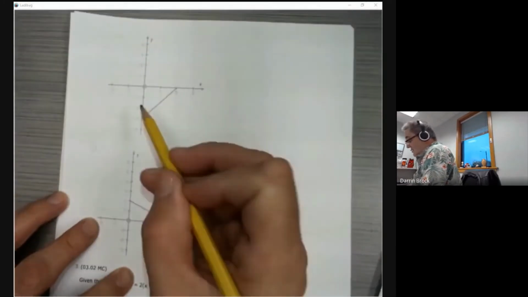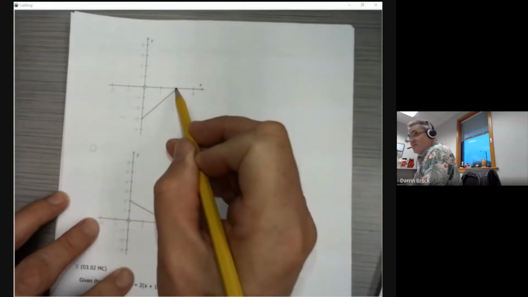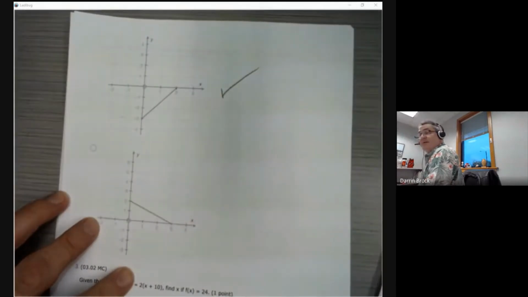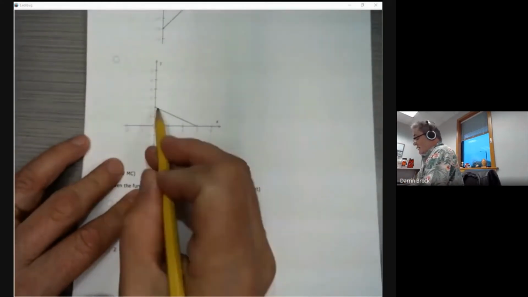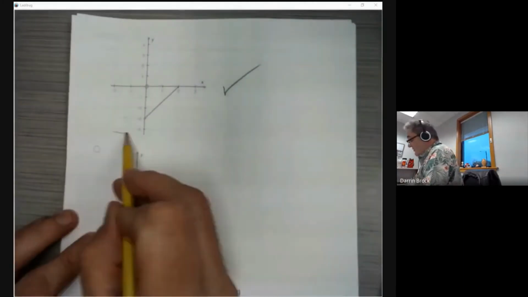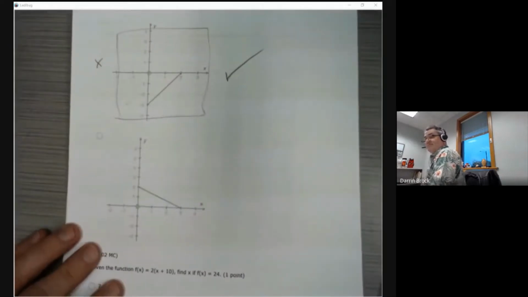This x went 1, 2, and it started at y equals -3 and went to y equals 0. That's got to be our selection right there. This one goes 3 minutes and goes 2 meters. So this is the graph that represents it. We check the circle over there for that one.